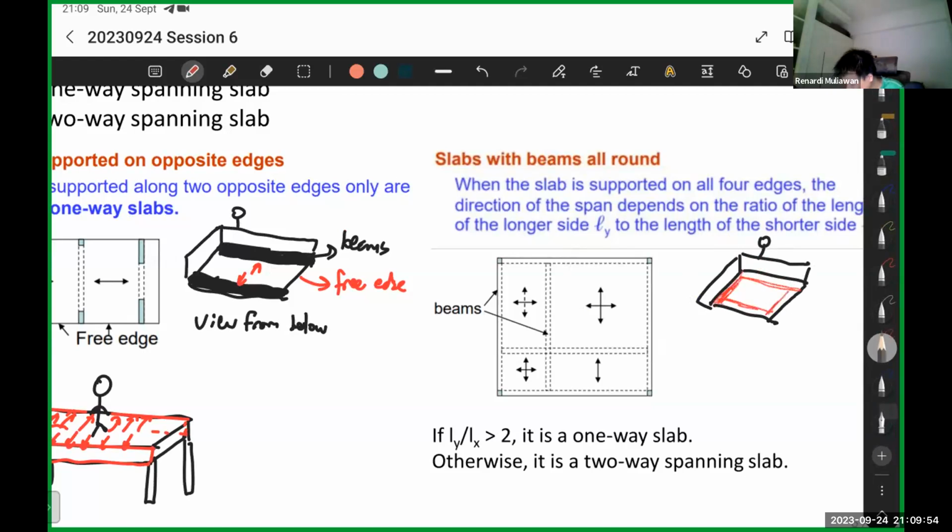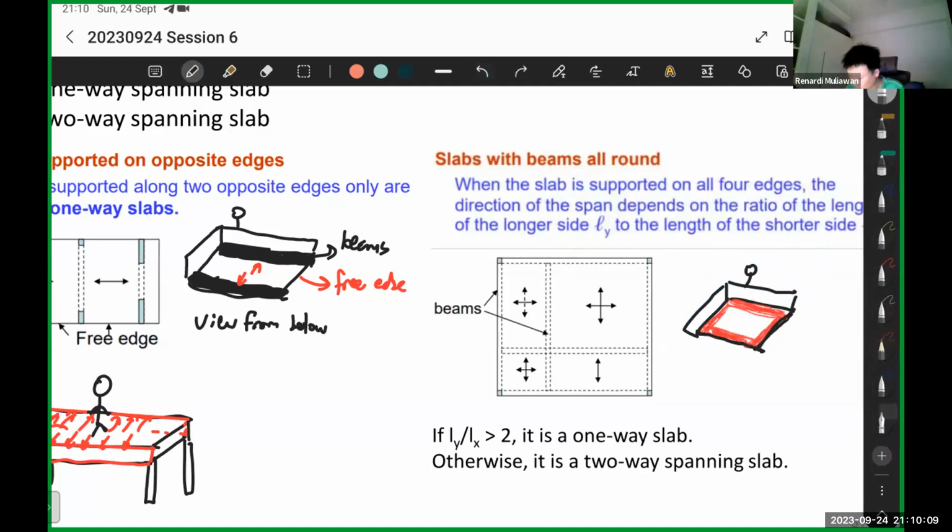It's supported on these four sides. So these are your beams. Again, this is the underside. In this case, it can be one-way spanning, or it can be two-way spanning as well.